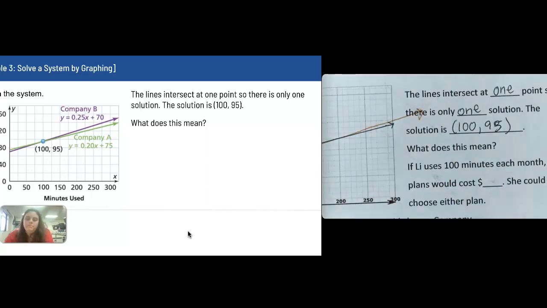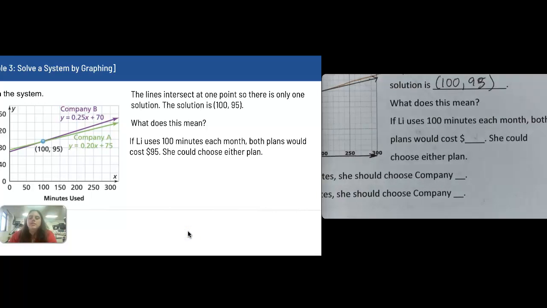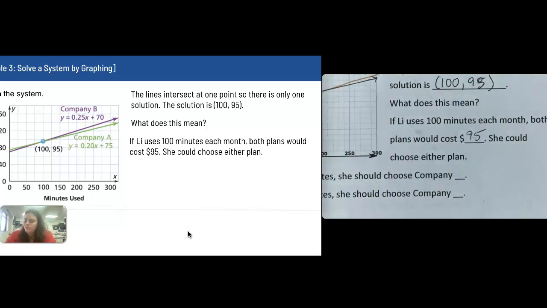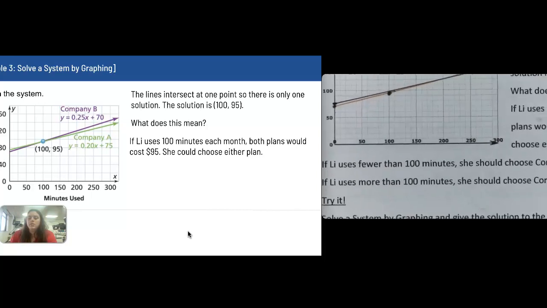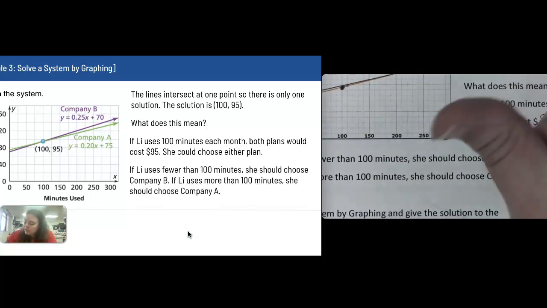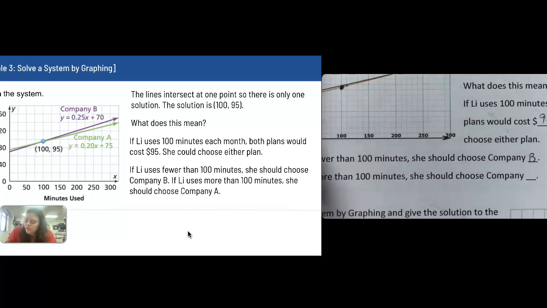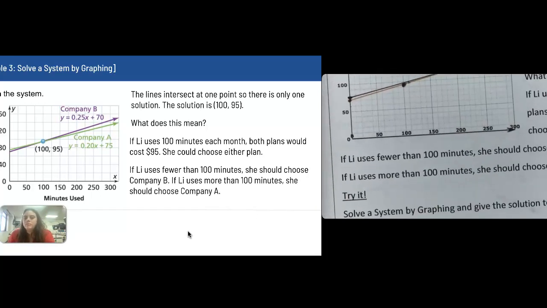But what does this mean? This means that if Lee uses 100 minutes each month, both plans would cost $95, and she could choose either plan. However, if she uses fewer than 100 minutes, she should choose company B, because when we're less than 100 minutes, that orange line is below the black line.